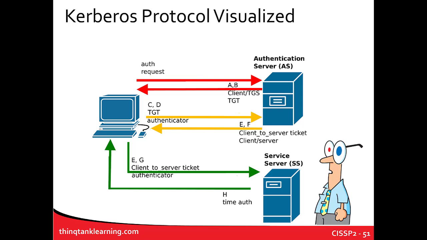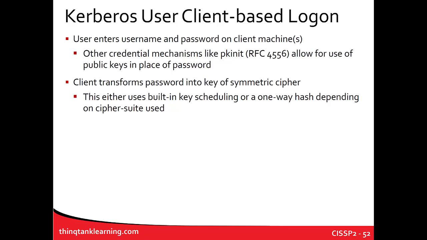The SS server, service server, it's going to decrypt the ticket. It's going to validate the session key, and then it's going to respond with a timestamp. Now we've done our mutual authentication. Both sides trust each other, and we don't look like this anymore. Okay? All right.